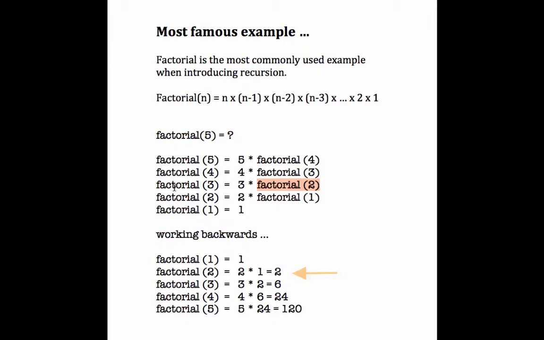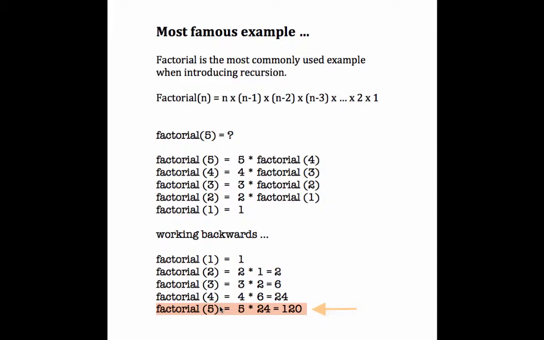And when I know that answer, I can calculate the answer to factorial of 3, which is 3 times 2, which is 6. Once I know that, I can calculate the answer of factorial of 4, which is 4 times 6, equal to 24. And once I know that, I can say the factorial of 5 is 5 times 24, which is 120.